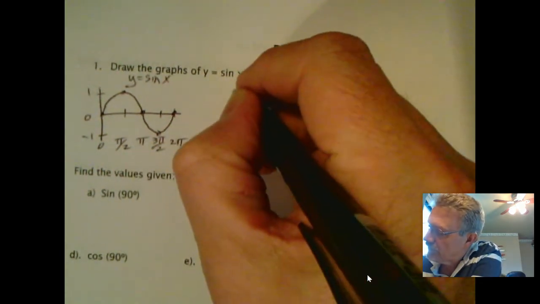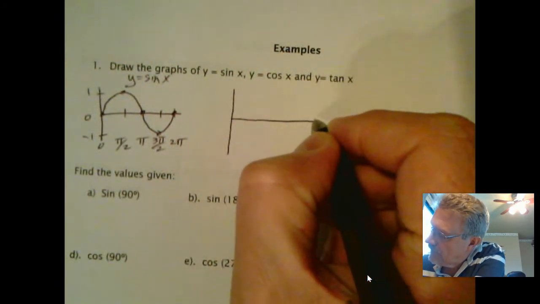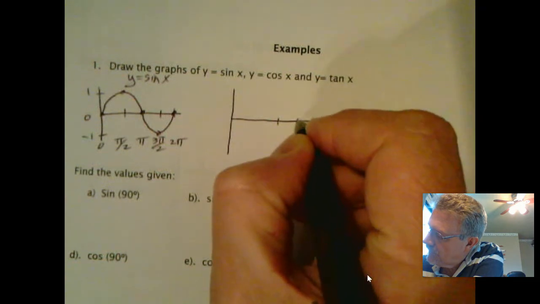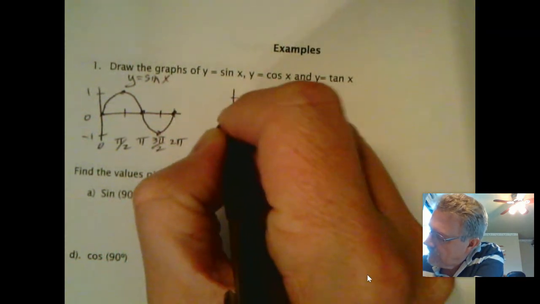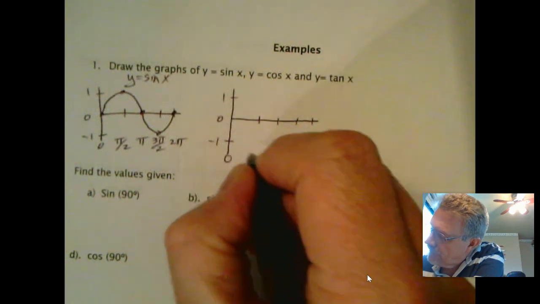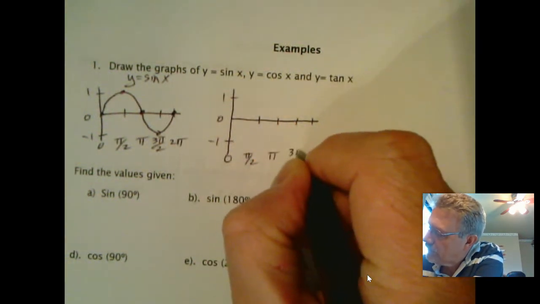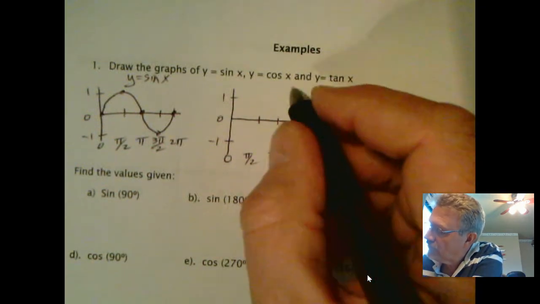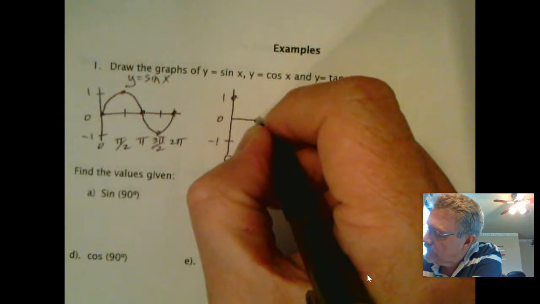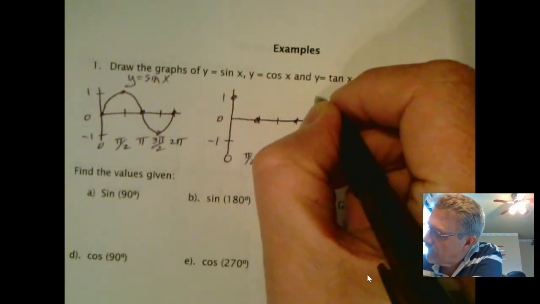0, pi over 2, pi, 3 pi over 2, and 2 pi. Okay, right next to it, we're going to draw a cosine. 0, pi over 2, pi, 3 pi over 2, and 2 pi. All right, so cosine starts at 1 and ends up back at 1 again.